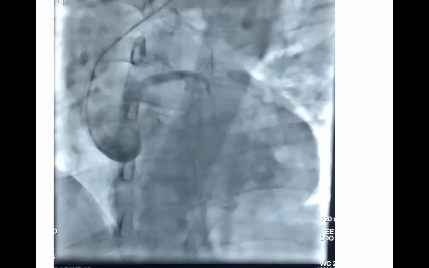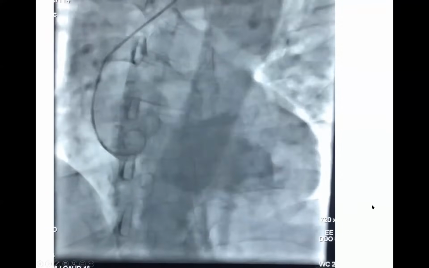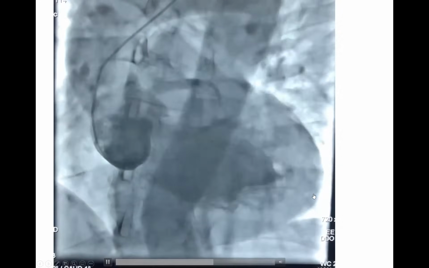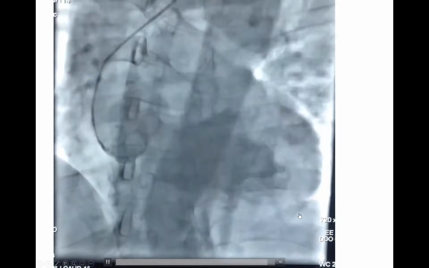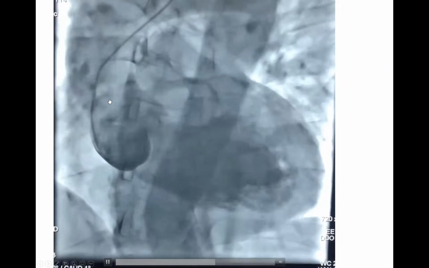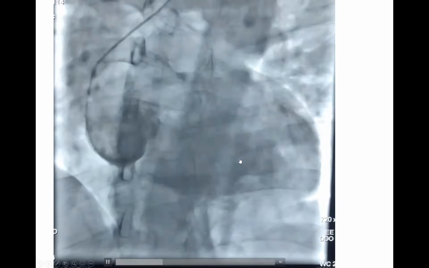So again, this is not LV-gram, this is aortogram. Here I want you to notice this. One, you're seeing the LV, it's the same classification as MR, except here we're comparing the aorta to the receiving chamber, the LV.